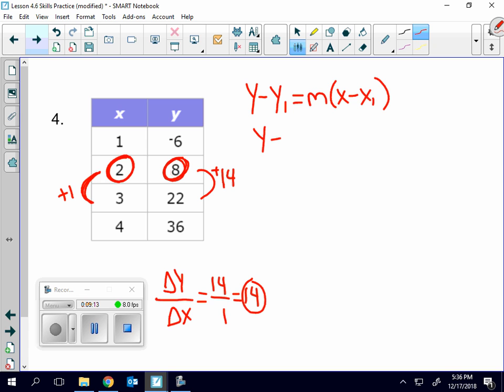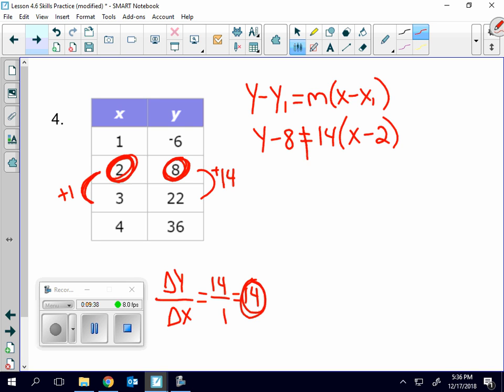If you want to use that, it doesn't matter as long as you use a corresponding x and y. They have to match. So if we want to use this one so you don't worry about negatives, y minus 8 equals the slope I found down here, 14, times x minus my x1, which is 2. If you don't like negatives, don't use them if you don't need to.